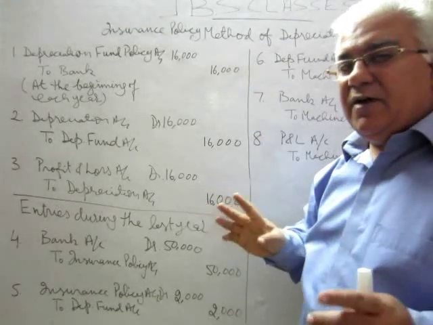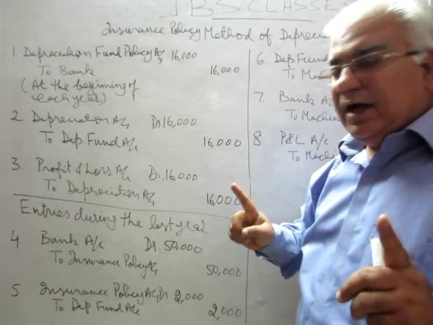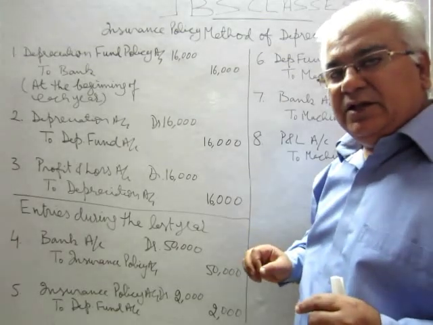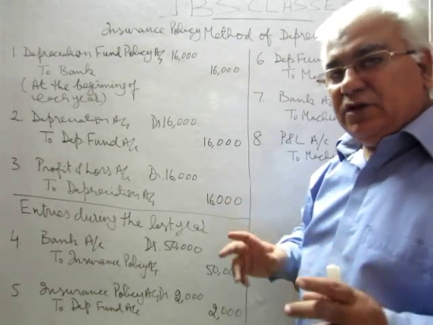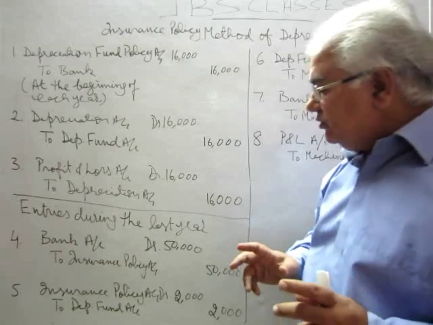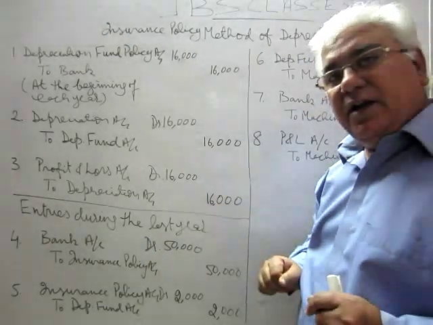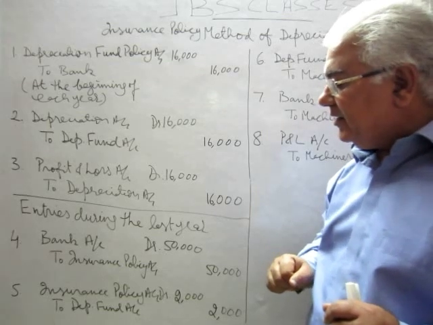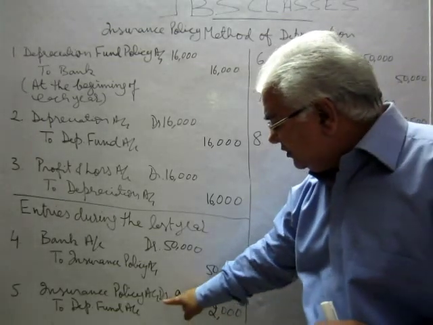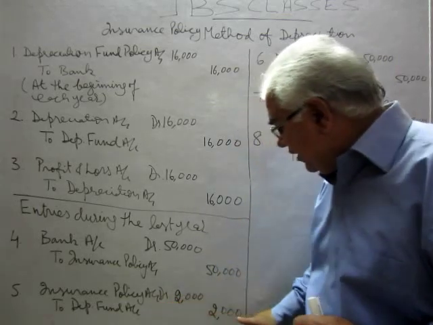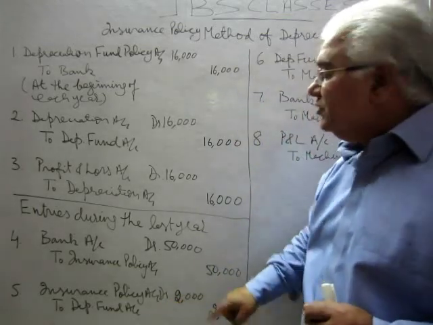That means in 3 years, we have paid 48,000. And we are getting 50,000 from the insurance company. So we have made a profit of 2,000 rupees. And this 2,000 of profit needs to be transferred to depreciation fund account. And for that the entry is insurance policy account debited 2,000 to depreciation fund account 2,000.